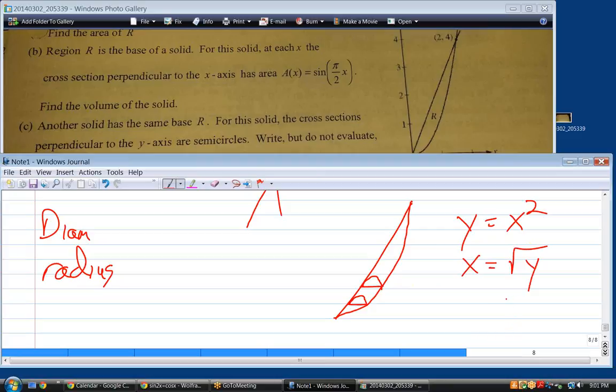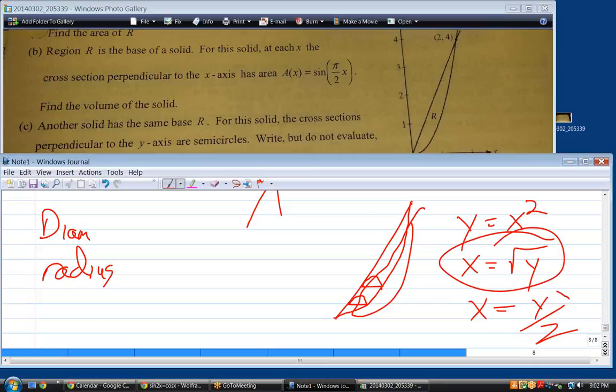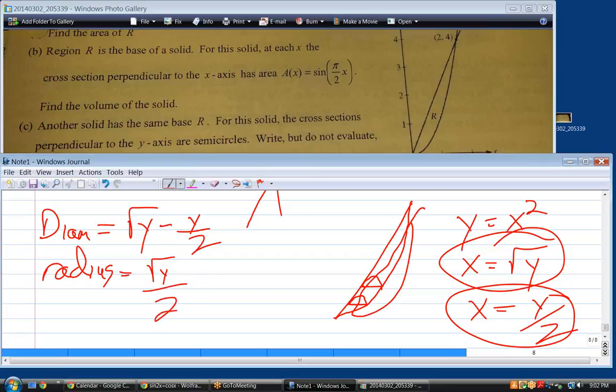And if y equals 2x, then x equals y over 2. So my right function is this one, my left function is that one. So the diameter is equal to square root of y minus y over 2. My radius is square root of y over 2 minus y over 4.